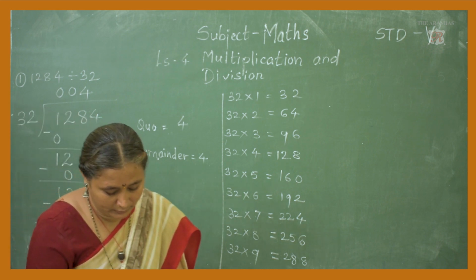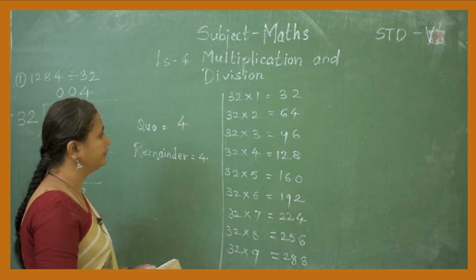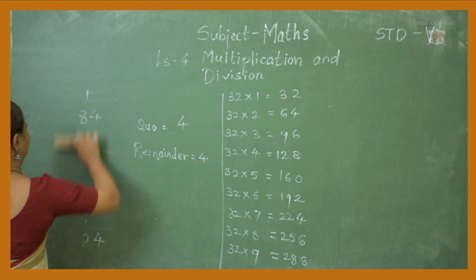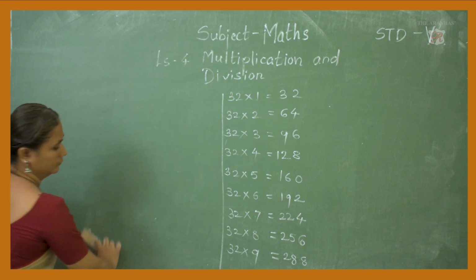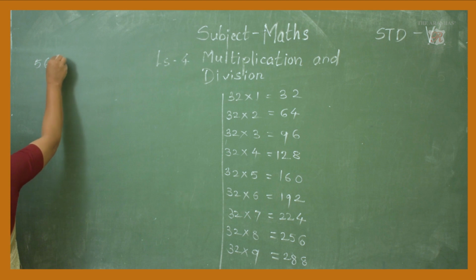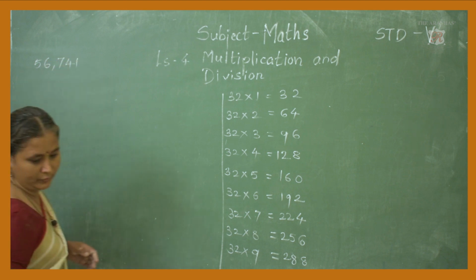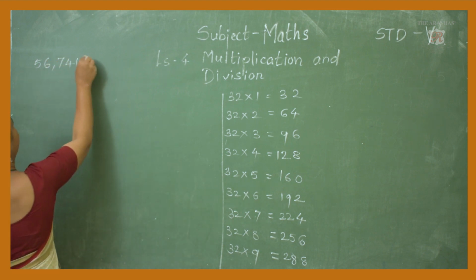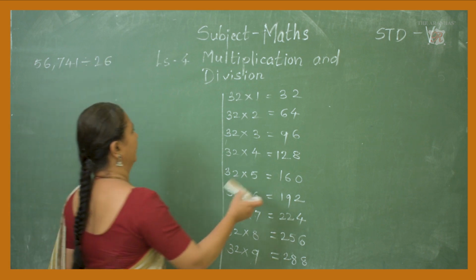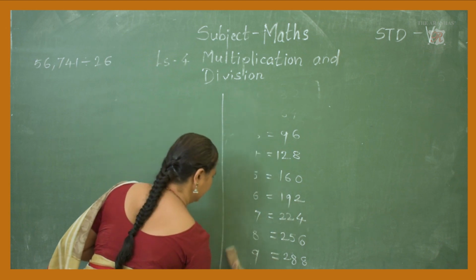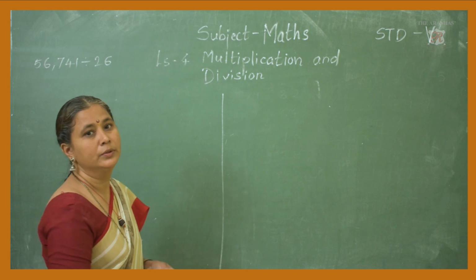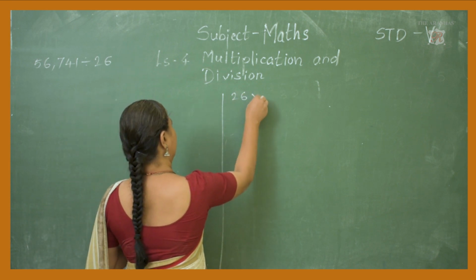Now take the sixth sum. 56,741 divided by 26. Now which table do we have to do? Table of 26. Okay. So do the table of 26 first, on the side.